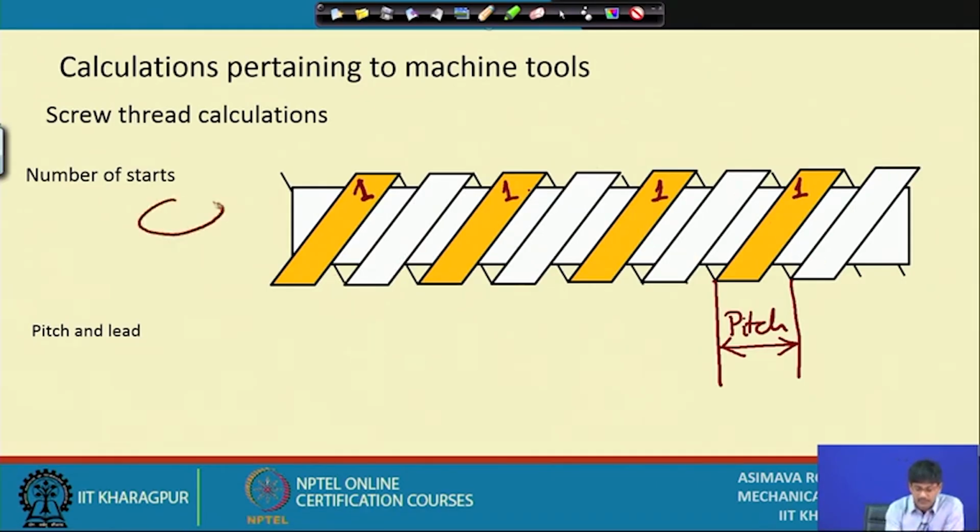How does it show up on the cylinder? If this is the cylinder, it shows up this way. This is one helix climbing up, etc. Helix 1.